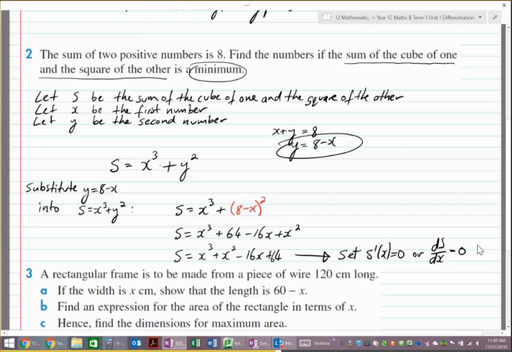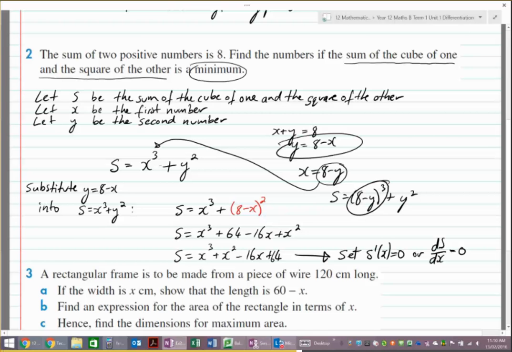So if I instead rearrange this for x and had x equals 8 minus y, when I substitute this into where x is, I'll get s equals 8 minus y cubed plus, sorry, I'm not subbing it in there, I'm subbing it in up here, plus y squared. Okay, and I didn't do that because I've got some experience with these, and I know that I don't want to be expanding a cubic.